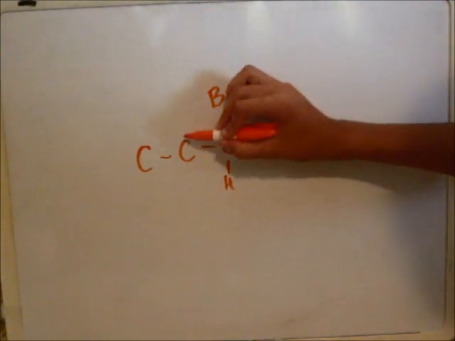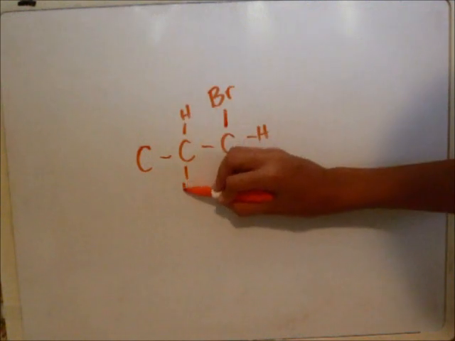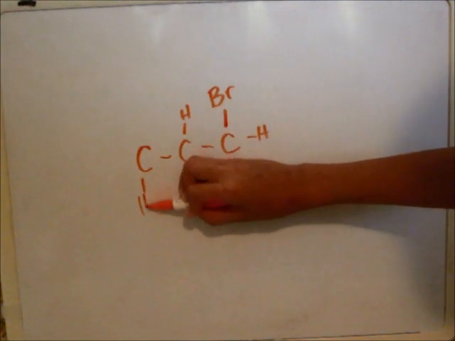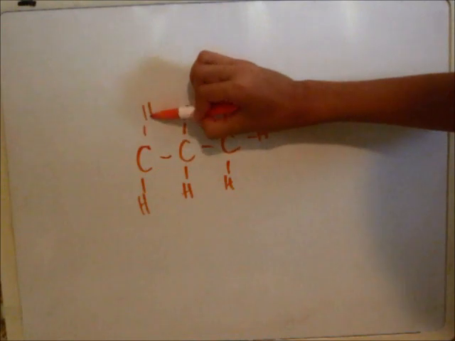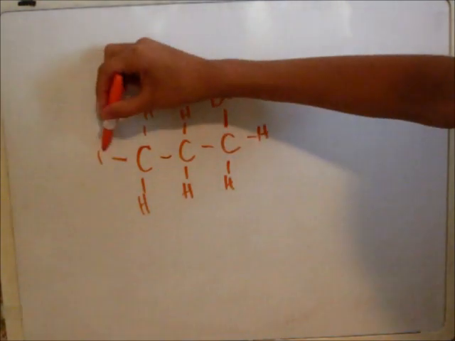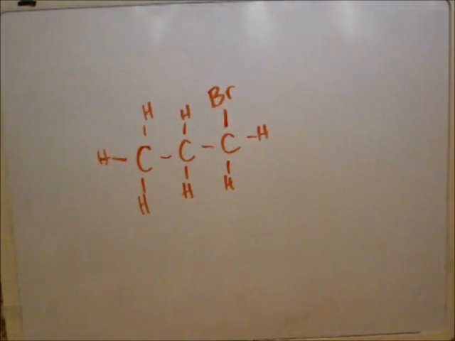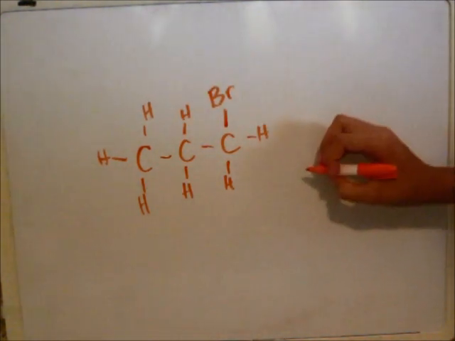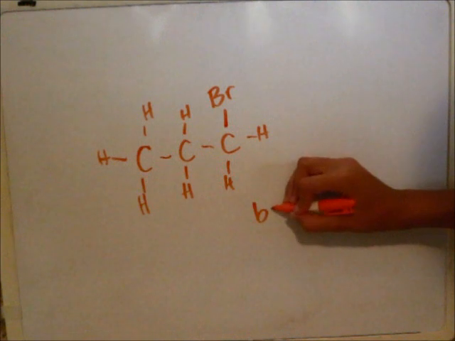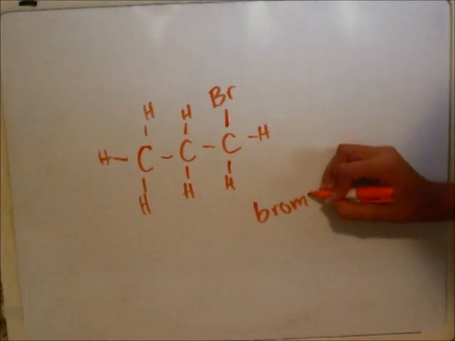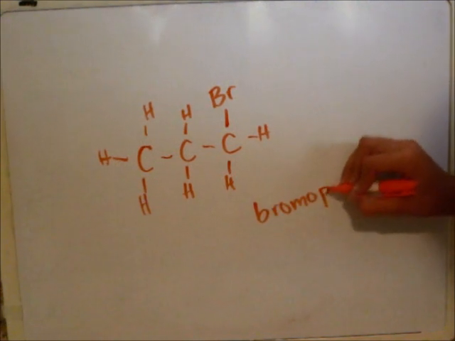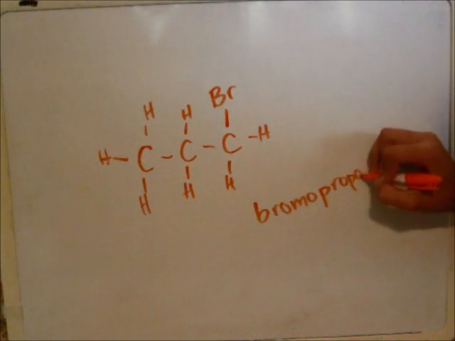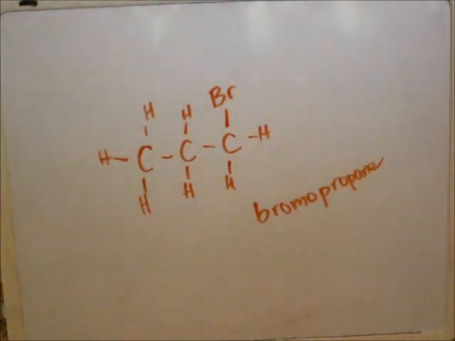So, this is just propane, but it's a halide. So you would name this by calling it, well, there's bromine on it, so bromopropane. Easy, right?